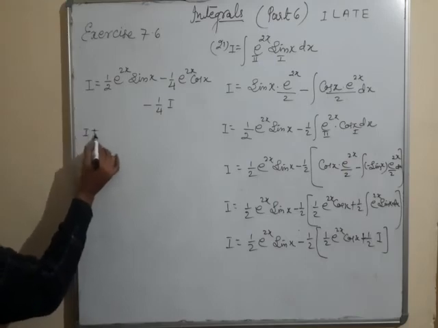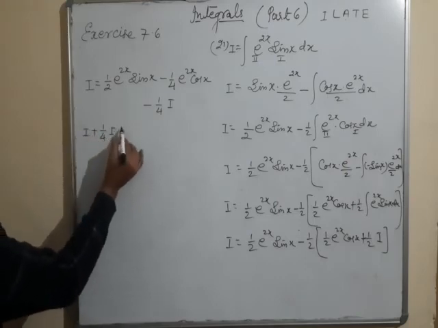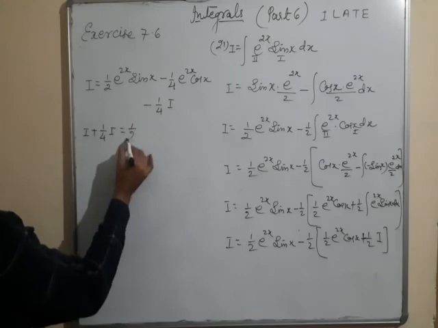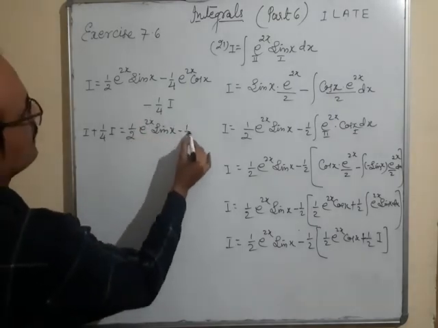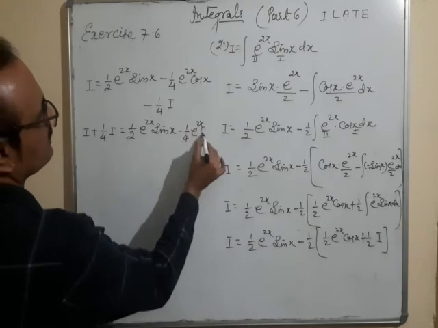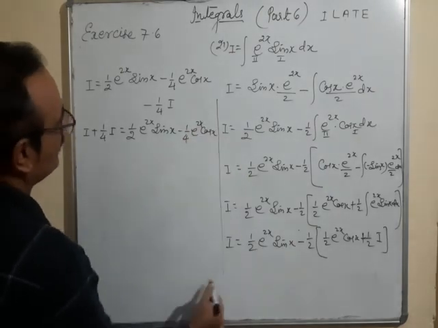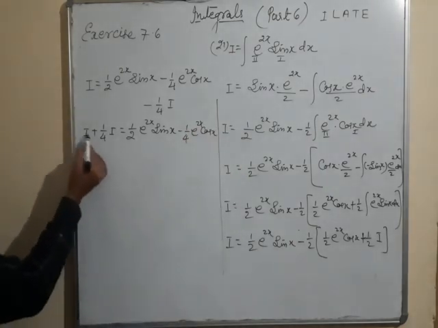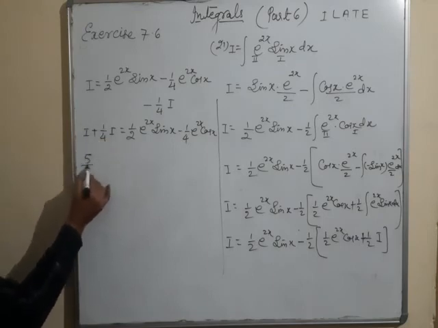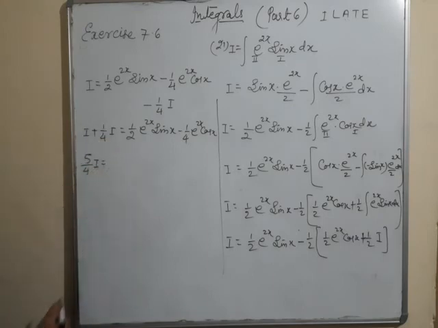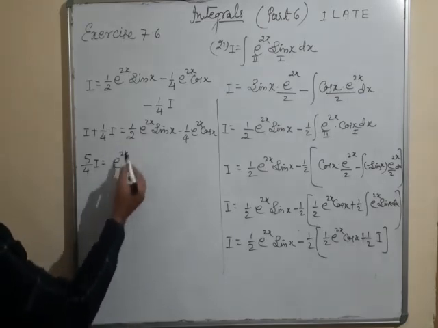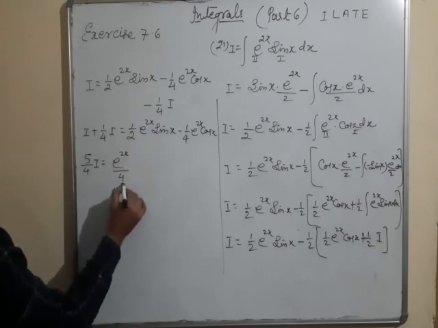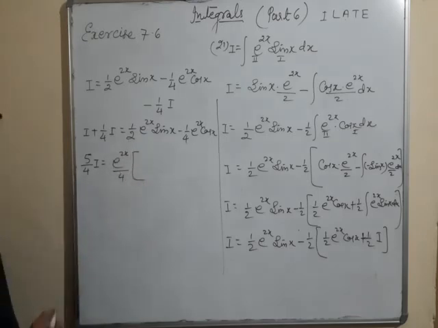So I plus 1 upon 4 I is equal to 1 upon 2 e to the power 2x sin x minus 1 upon 4 e to the power 2x cos x. Okay. LCM 4: 4 plus 1, 5 upon 4 I is equal to... may I take e to the power 2x common and 1 upon 4 also, so that the 4 will be cancelled here.